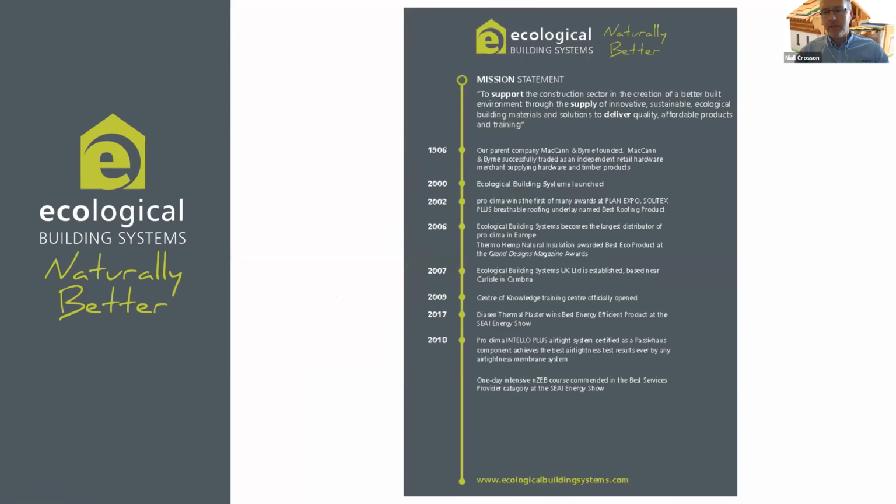I can just give a brief background on our company. Our parent company is called McCann & Byrne. We're based in Ireland and we have offices in the UK. Our Irish company was established in 1906, our parent company called McCann & Byrne, as a little merchant shop, which evolved over the century. And around the year 2000, Ecological Building Systems was launched when I joined it.